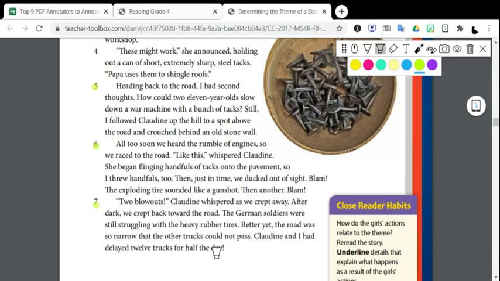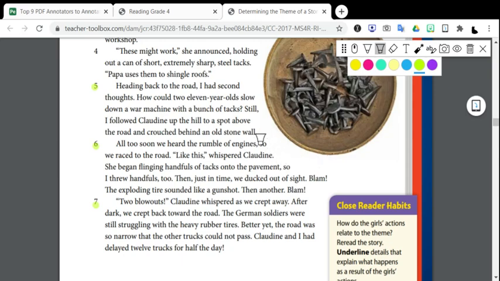D, the girls wanted to slow down the trucks delivering supplies to the soldiers who were fighting American troops. If I went back to the top of my page, the previous page, I would see that I actually highlighted the problem, and this was the problem. So I'm going to circle that answer.